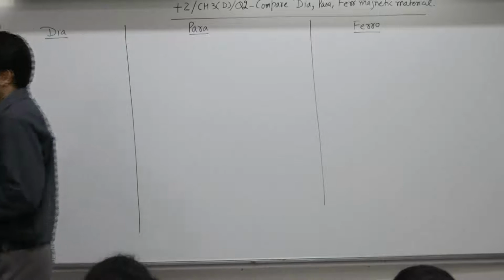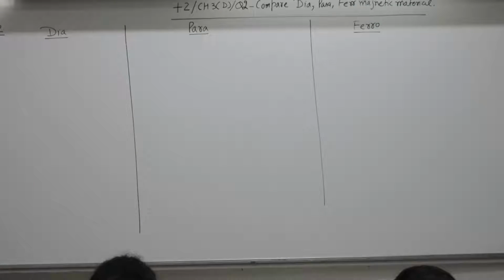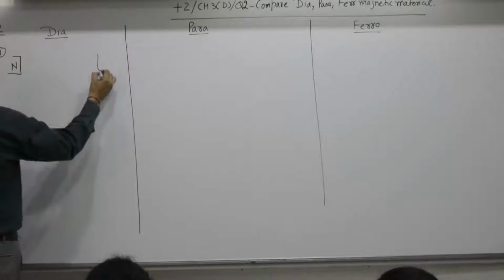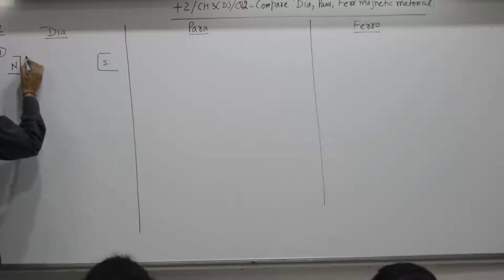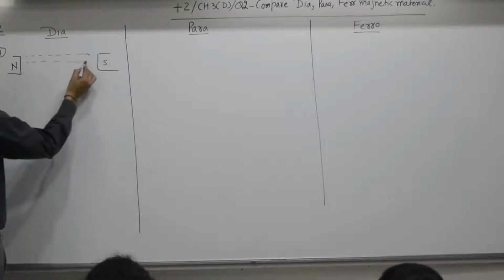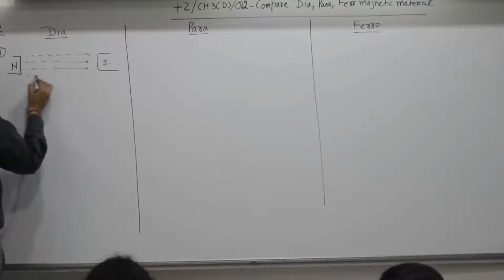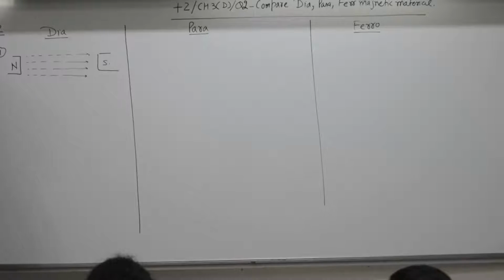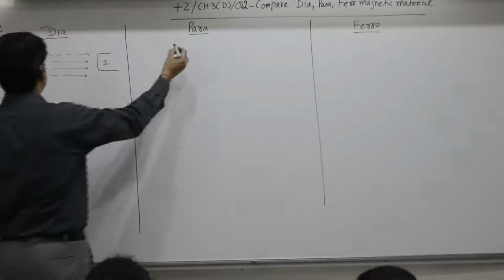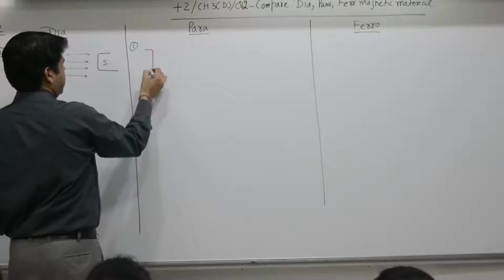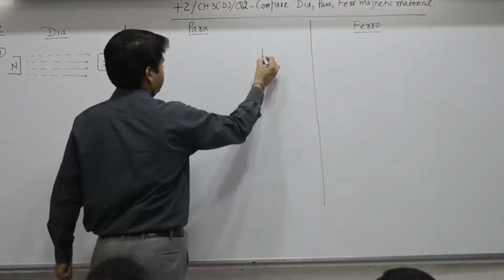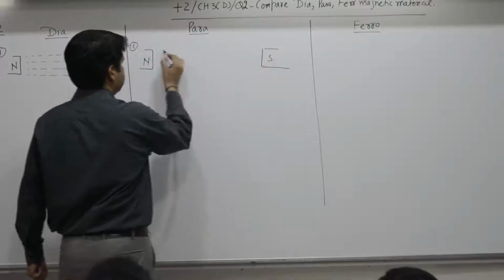So first point: you have a magnetic field, without placing any material. This is point number one. Take a north pole and a south pole. The magnetic field is there, in free space, air you can say.